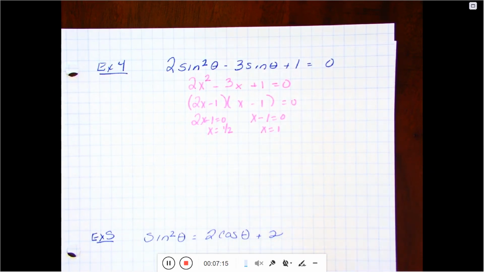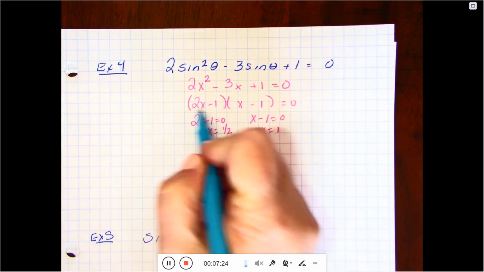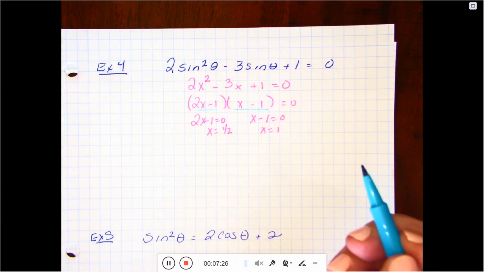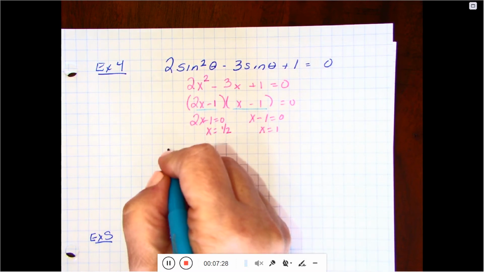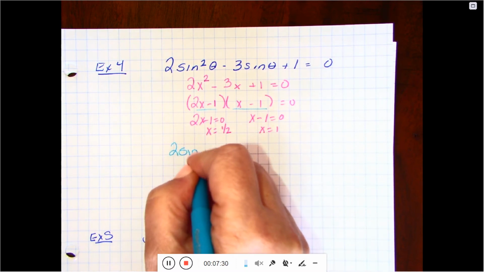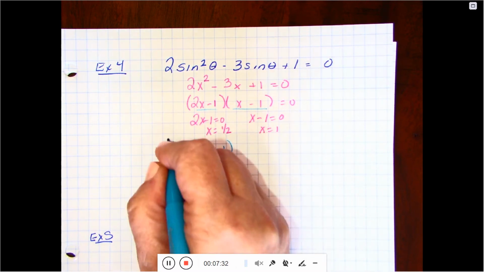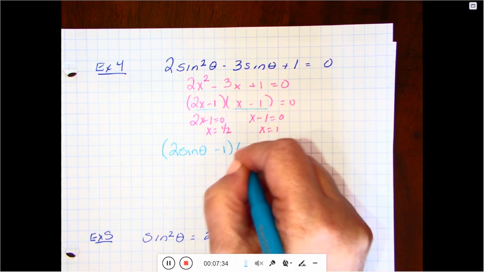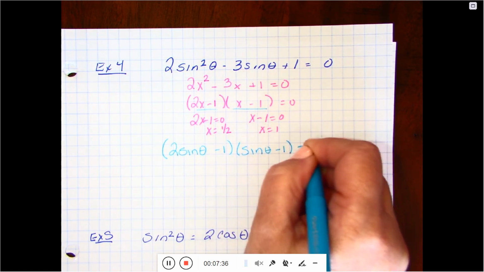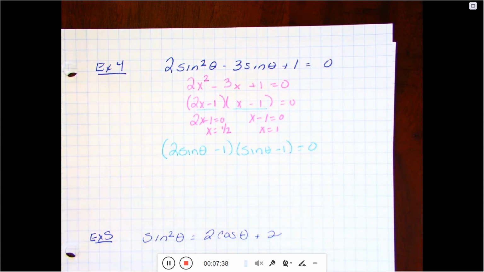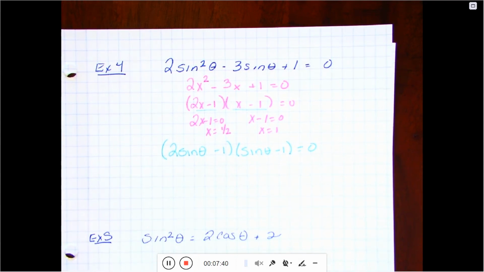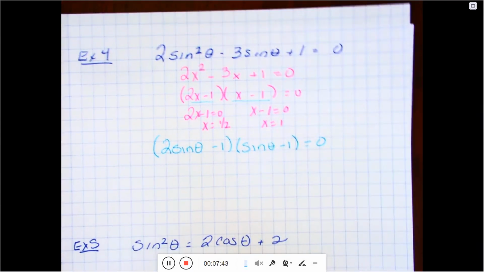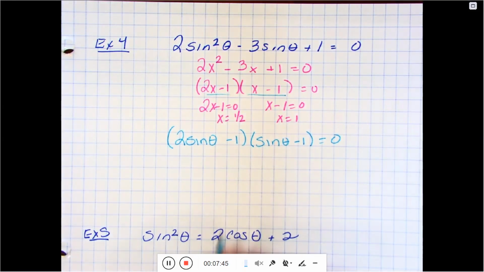Okay, now it's not x, it's the sine of theta that is actually our variable. So I can take this as a sample of how this would factor. This would factor into 2 sine theta minus 1, sine theta minus 1. And just like you do with trinomials, when you factor, you then set each factor equal to 0.